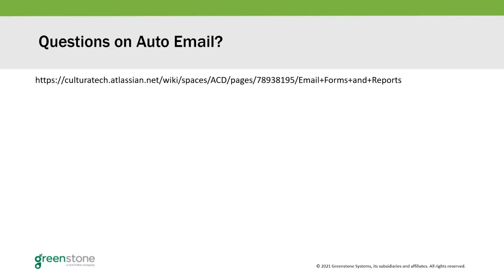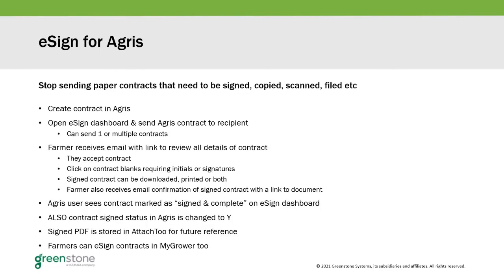Okay, let's switch gears a little bit and let's talk about ESign. The goal for ESign is to eliminate paper, eliminate sending contracts, and the time that is needed for it to get to your customer, to be signed, copied, scanned, filed, sent back, all of that stuff.